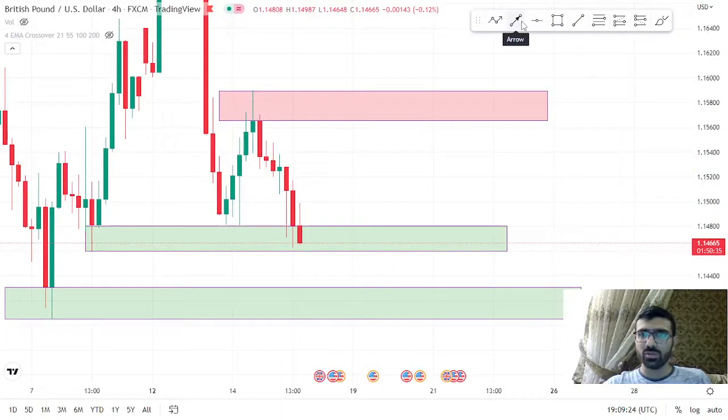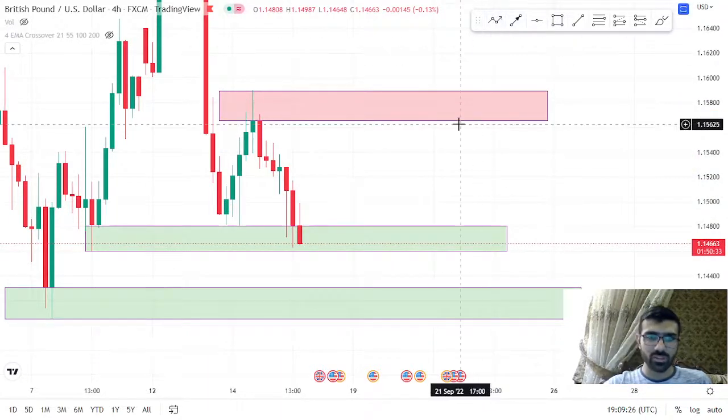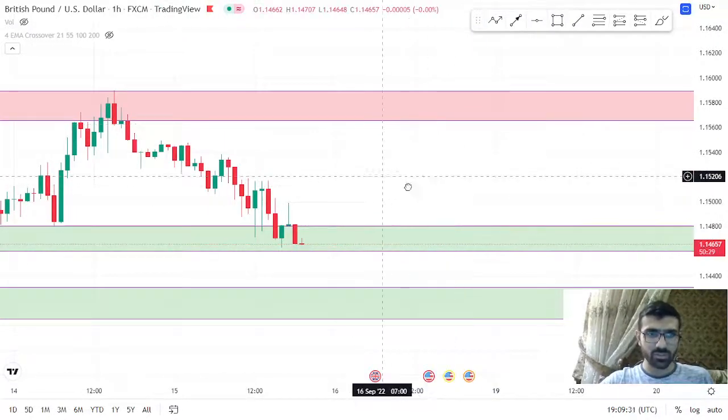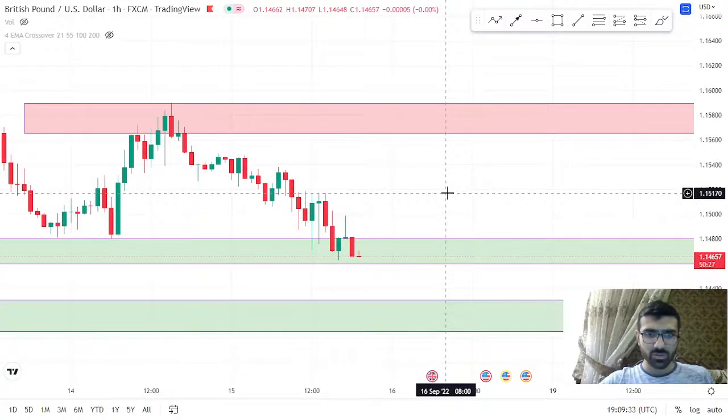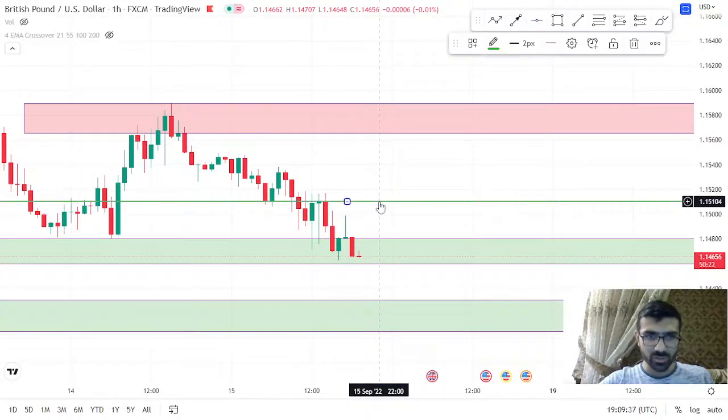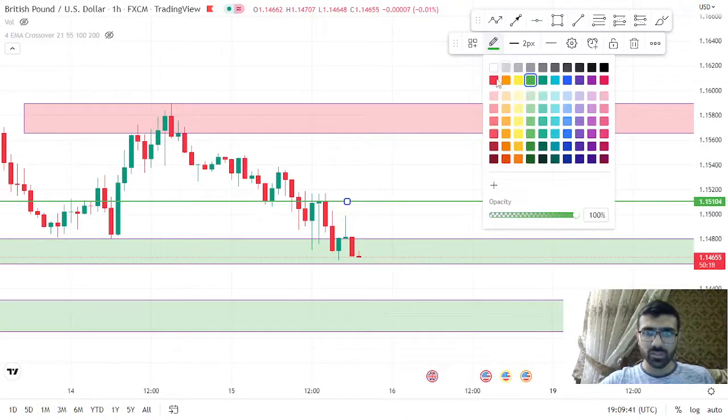Okay, so how are we going to take trades? Let me mark my short-term areas of support and resistance. My short-term area of resistance would be this area. Let me mark it in red color.